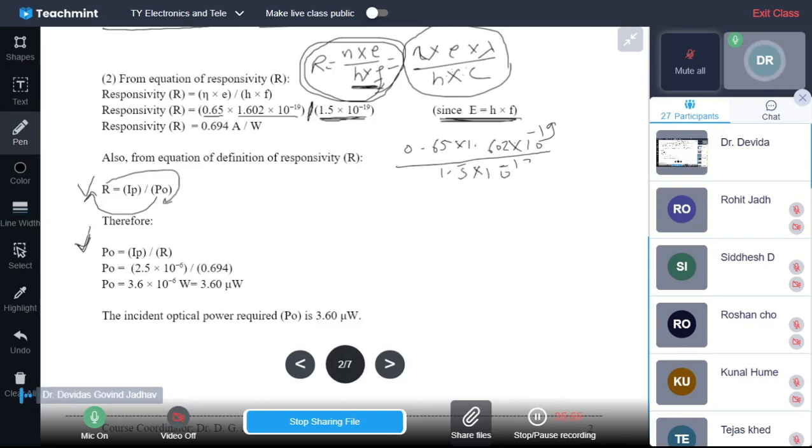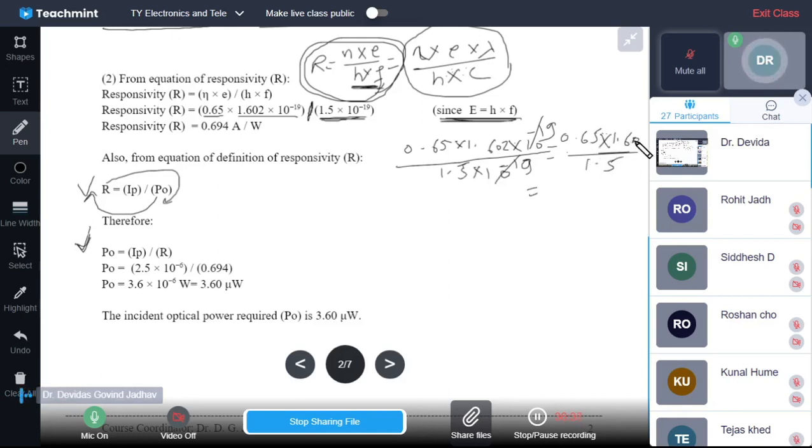There is one term 10 raised to minus 19 in the electron charge and one in the energy, so they cancel each other, and what remains is 0.65 multiplied by 1.602 divided by 1.5. So just with the help of a calculator you can calculate it.